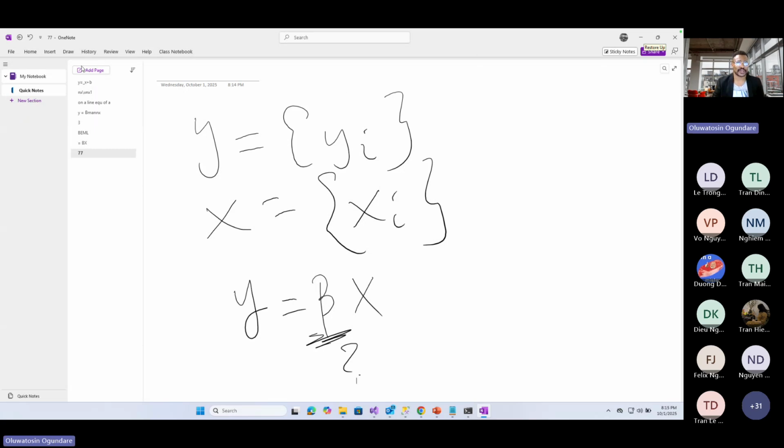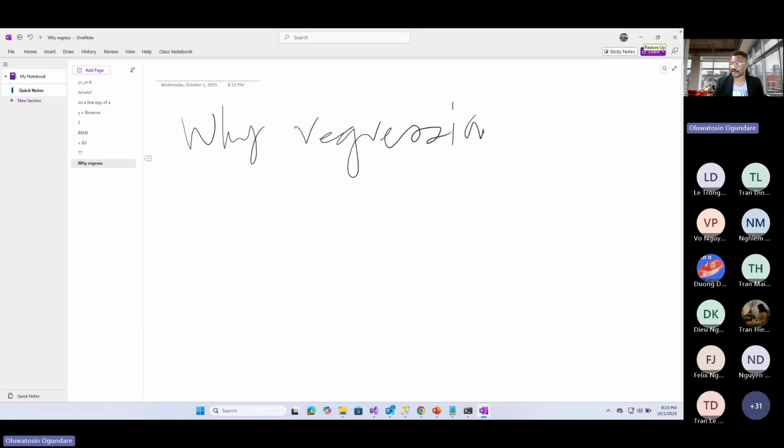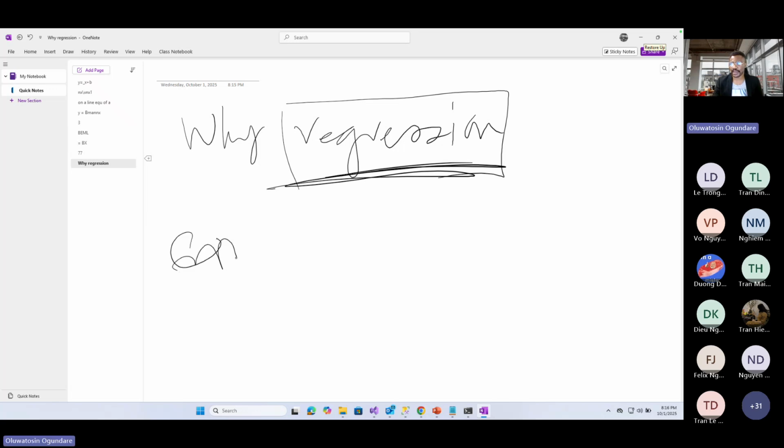So the first question I would like to ask you is, why regression? This term, regression. Why? What is this? It is English, but why select this word? What are we regressing? What does it mean intuitively when you see regression? How should you think about it? Okay. Can someone tell me what this means? A measure.